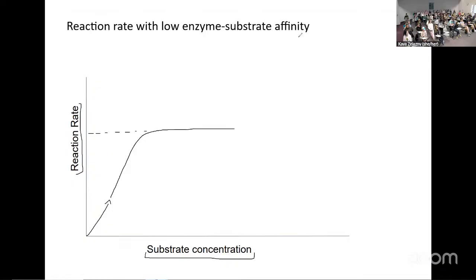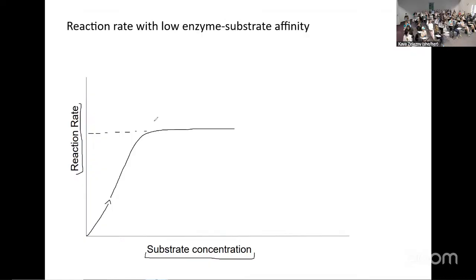Now we're going to add this affinity piece on. So if we think about this reaction, but we're going to think about an enzyme that has low substrate affinity. So an enzyme is like, it'll bind to that substrate, but it doesn't really like to so much, right? Like it'll do it, but kind of slowly, kind of weakly.